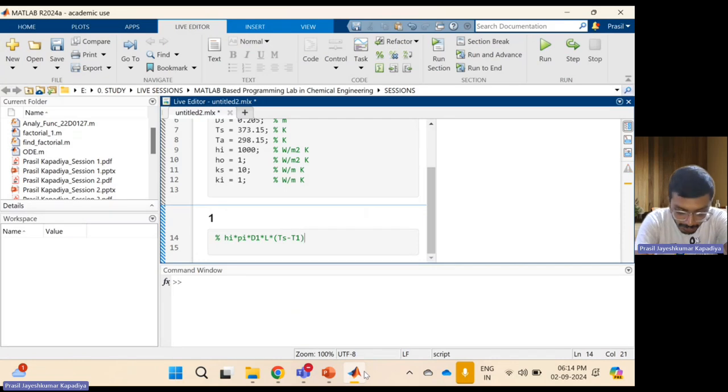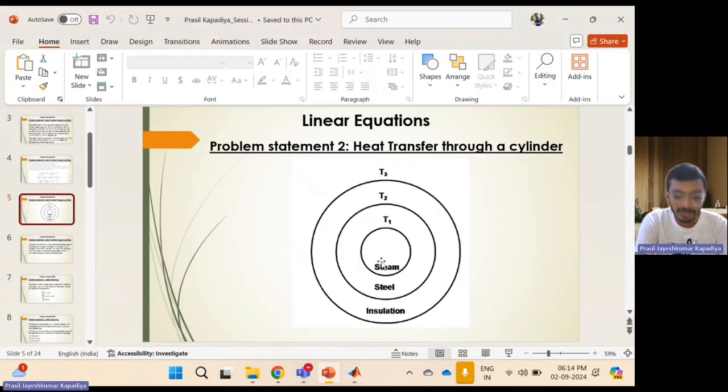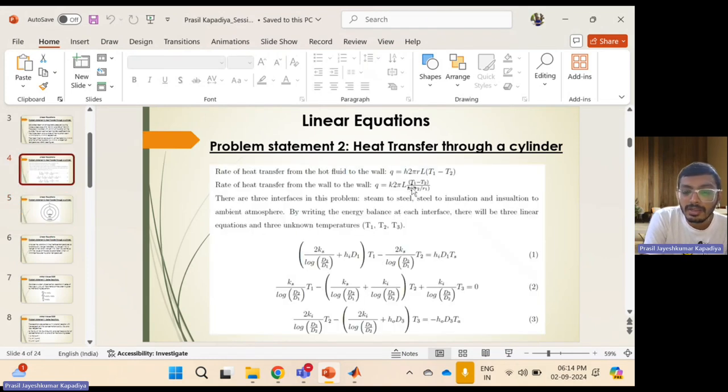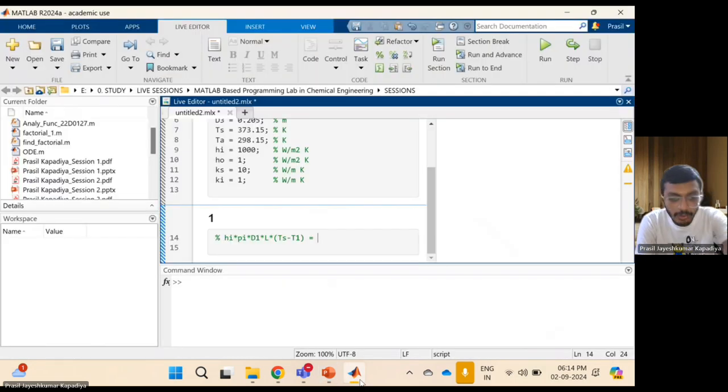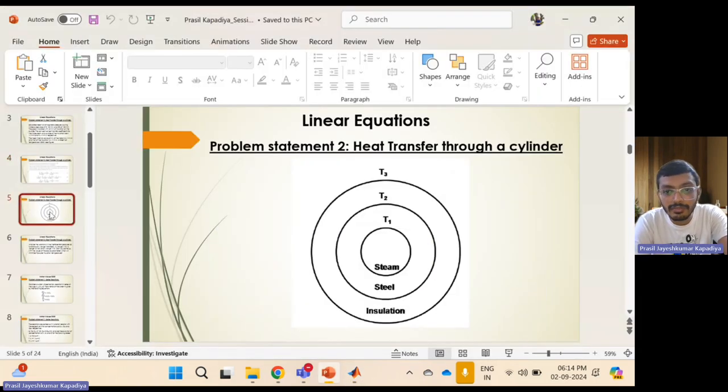Ts minus T1. And this should be equal to conduction. Correct? From T1 to T2. So what is conduction given by 2 pi K L, 2 pi K L into, from here to here it was convection.